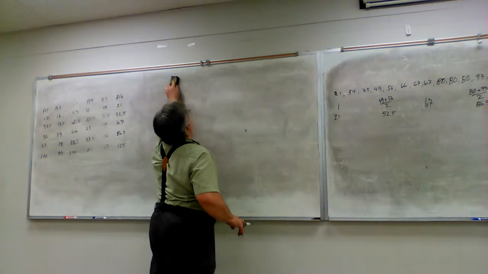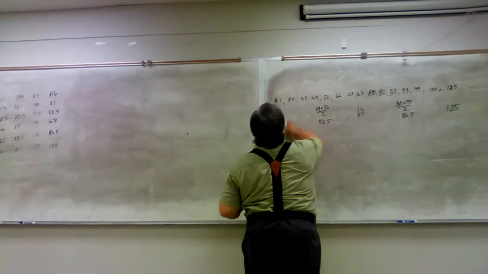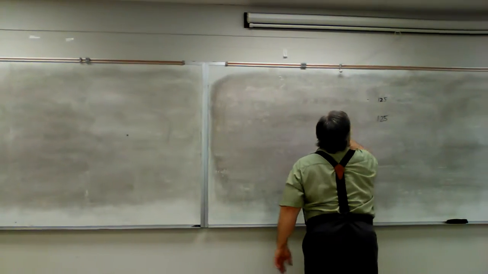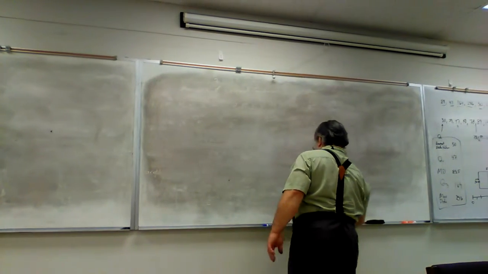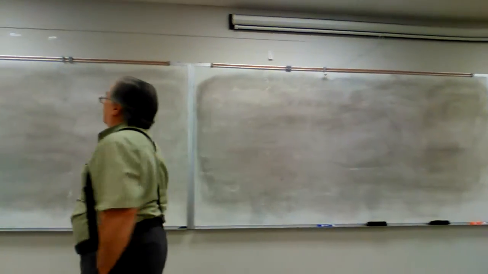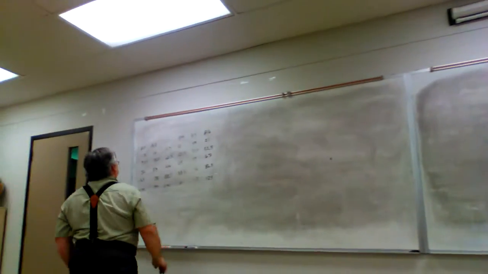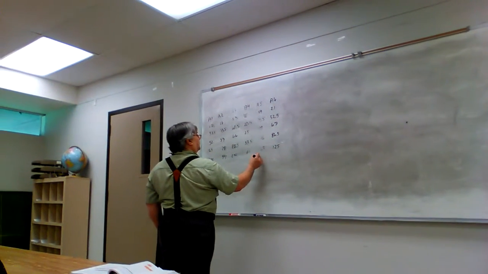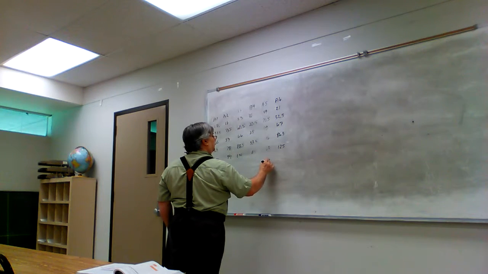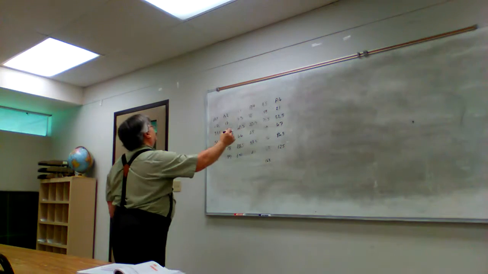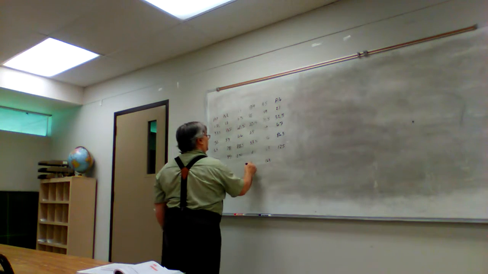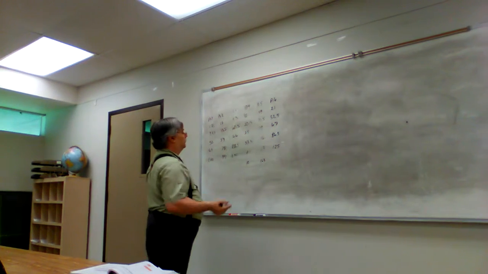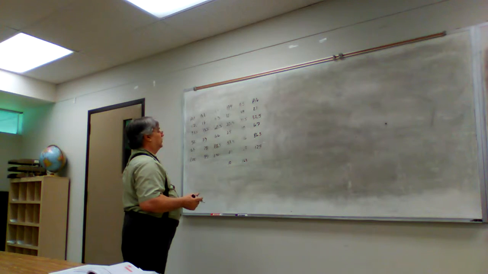Now, since we want to compare these, it's best if we put them all on one chart. So, the highest number on our chart is going to be 163, and the lowest is going to be 10. So, let's go 0 to what? 175?